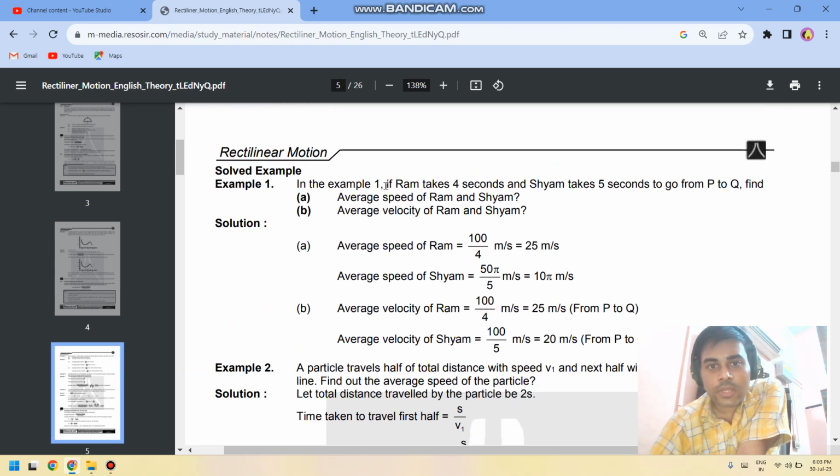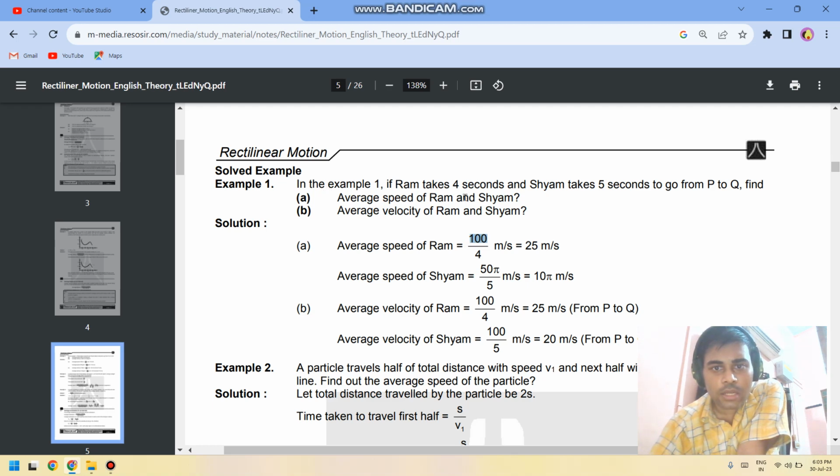Here, Ram takes 4 seconds and Syam takes 5 seconds to go from P to Q. Find the average speed of Ram and Syam, and the average velocity of Ram and Syam.